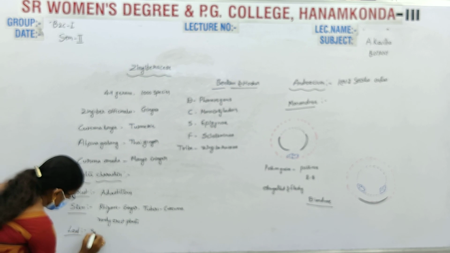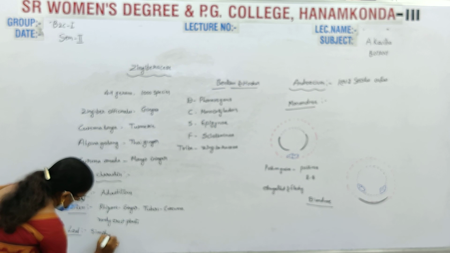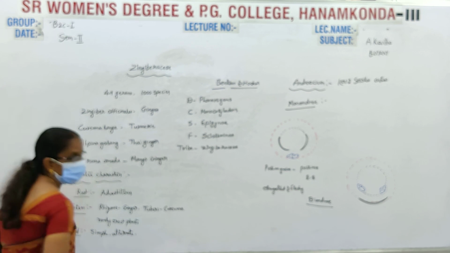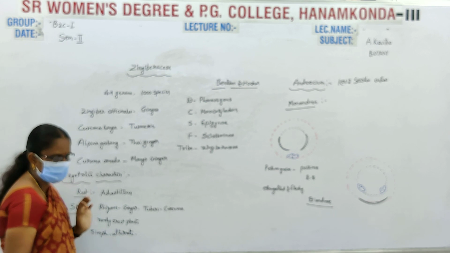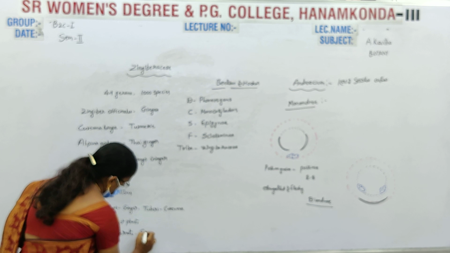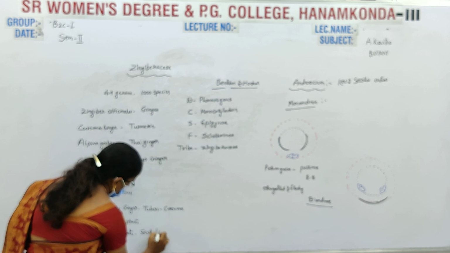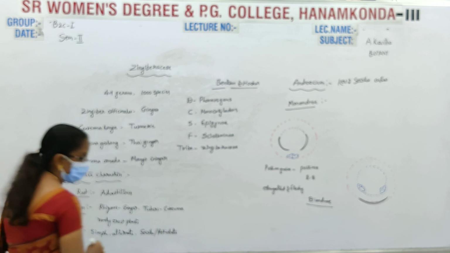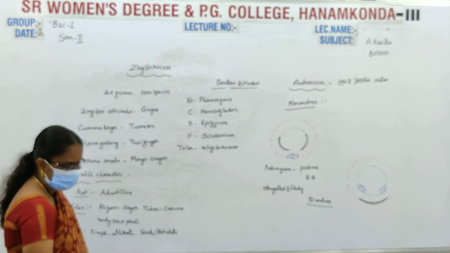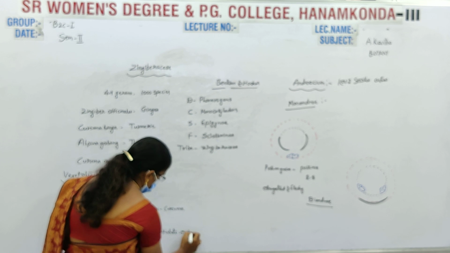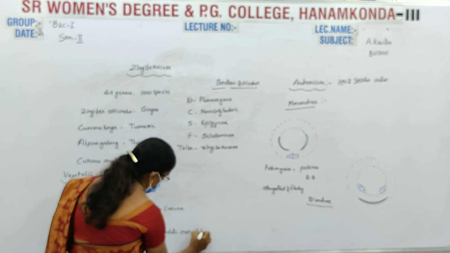The leaf is simple, alternate, sessile or petiolate, exstipulate.